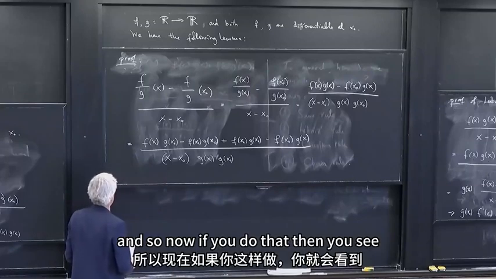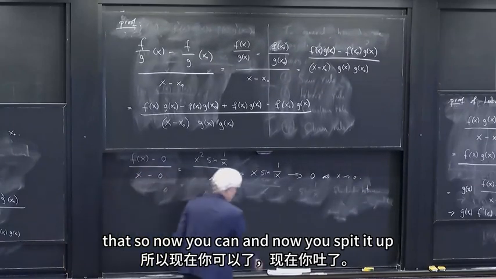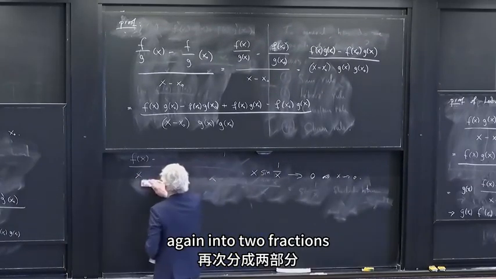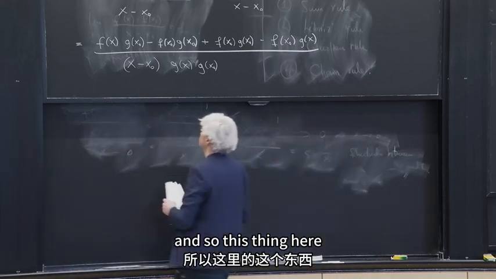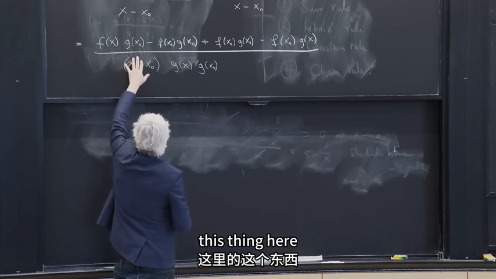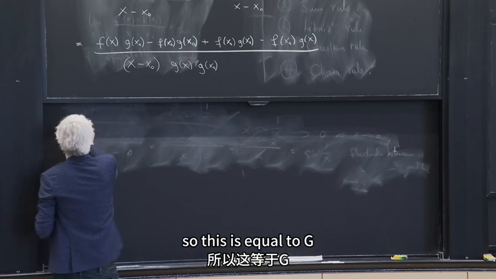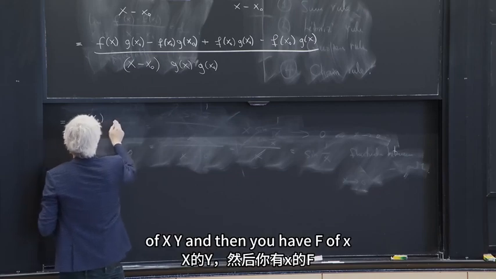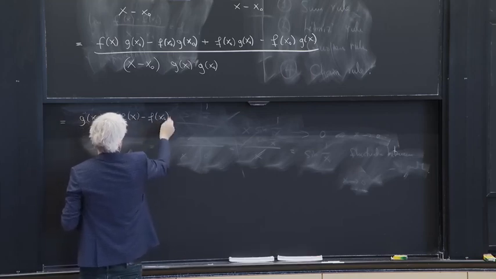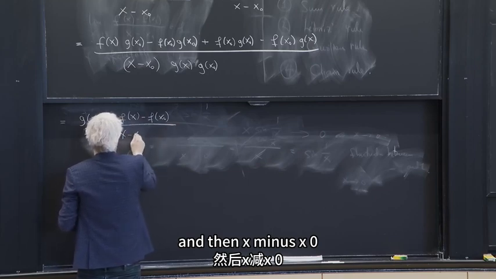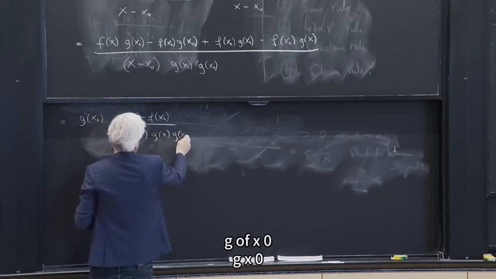And so now, if you do that, you can split it up again into two fractions. So we split it up. And this thing here, you see there's a g of x0 that factors out. So this is equal to g of x0, and then you have f of x minus f of x0, over x minus x0, g of x, g of x0, like that.